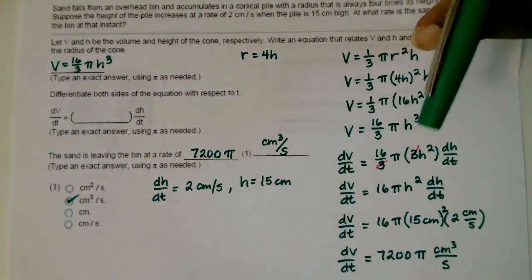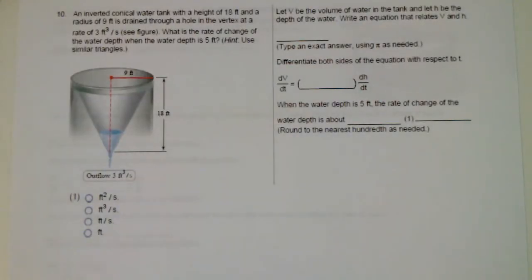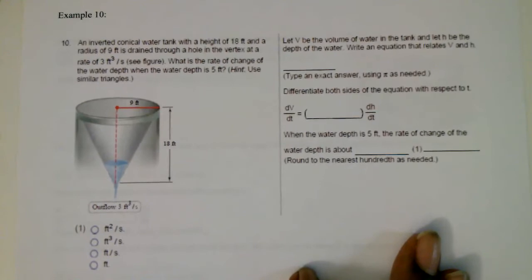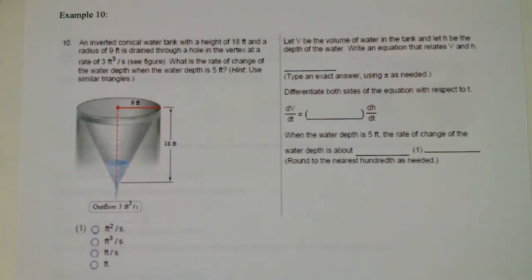Okay, now example 10. It looks like this. An inverted conical water tank with a height of 18 feet and a radius of 9 feet is drained through a hole in the vertex at a rate of 3 cubic feet per second, as indicated here.